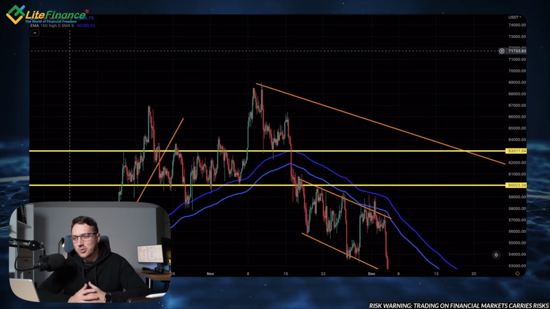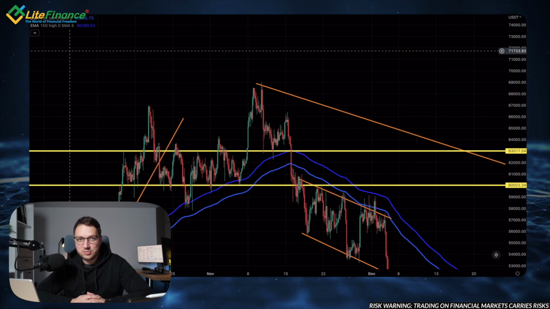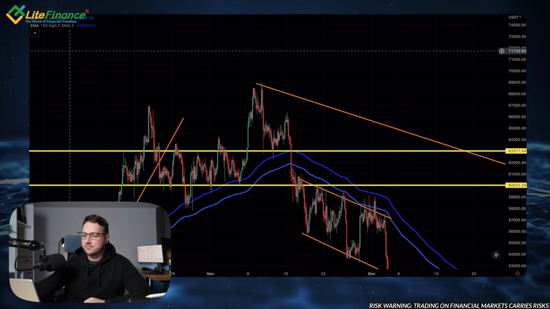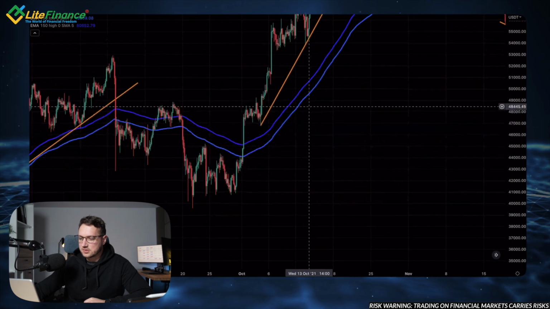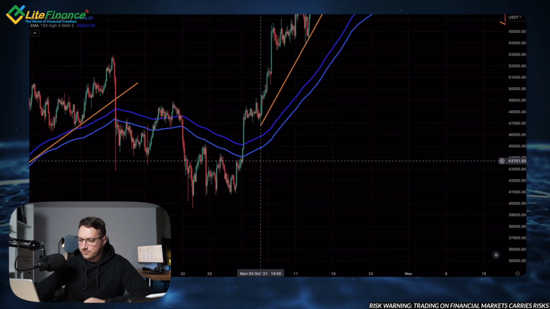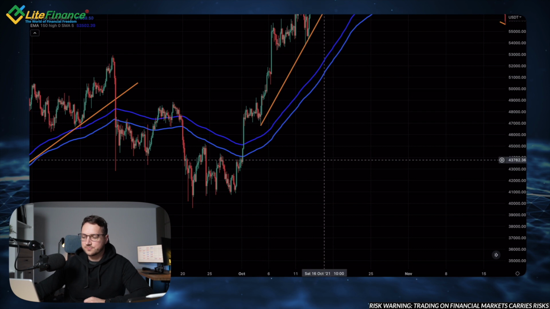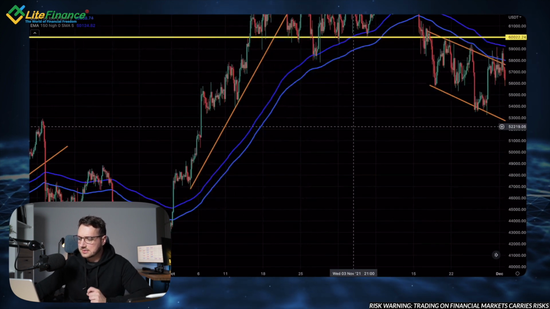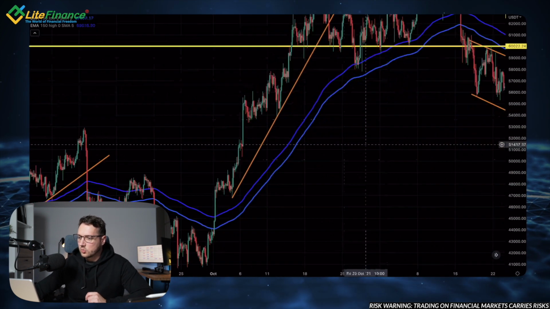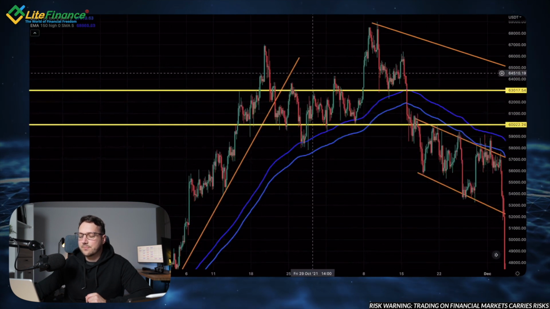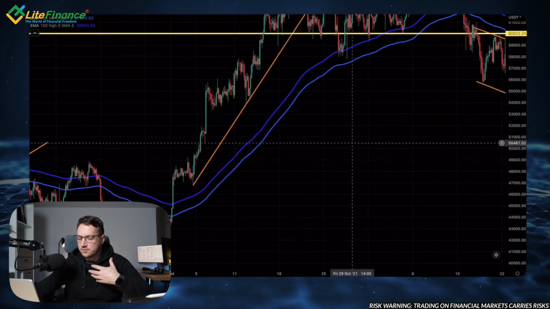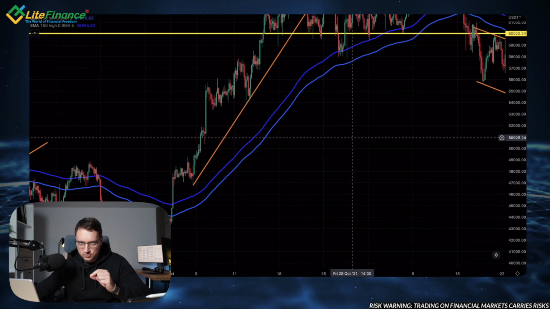And here we have the BTC chart, the Bitcoin chart against the US dollar. And we will be discussing firstly the situation from October 2021, so slightly more than a year ago, where we had the last rally on Bitcoin. So the first thing that we need to mention are, of course, trend lines.